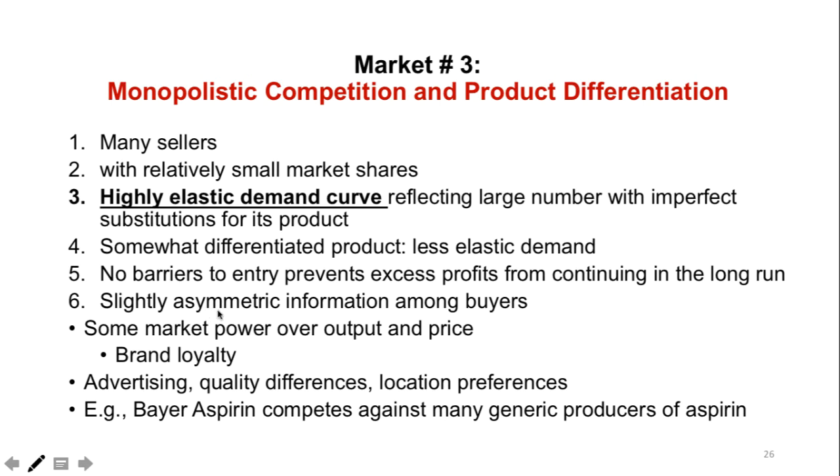So they have slightly asymmetric information among buyers. That could be because of advertisement, or because of the real quality of their product. So they have a little bit of market power over their output and prices. They can set their level of output and prices because they have some customers who are loyal to their product, and they prefer their product even if it's a little more expensive than a similar product.